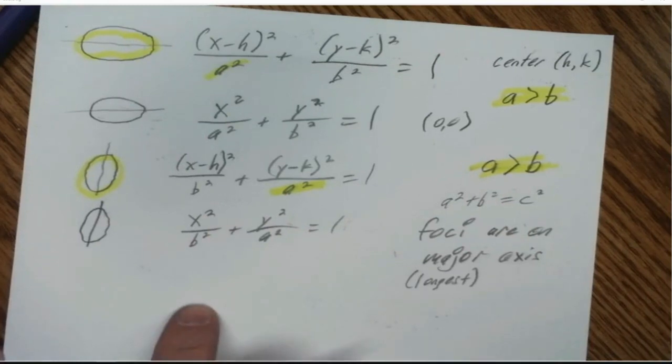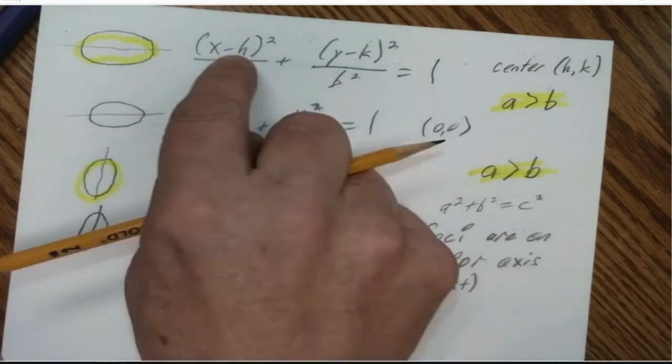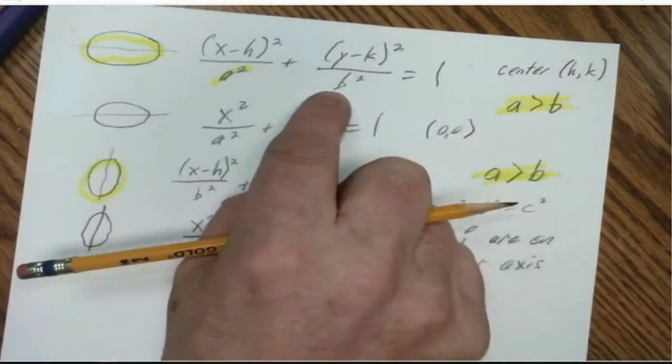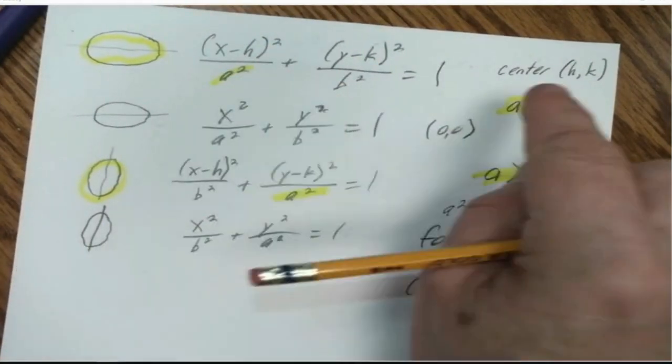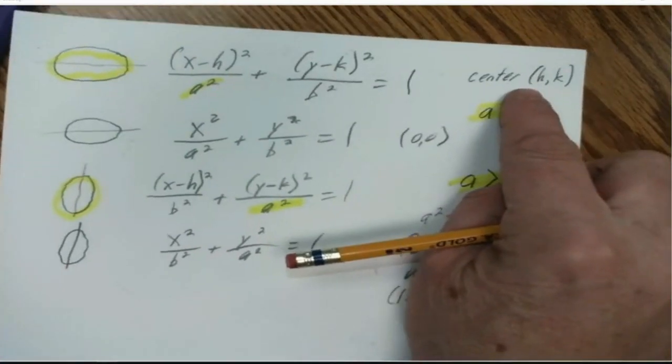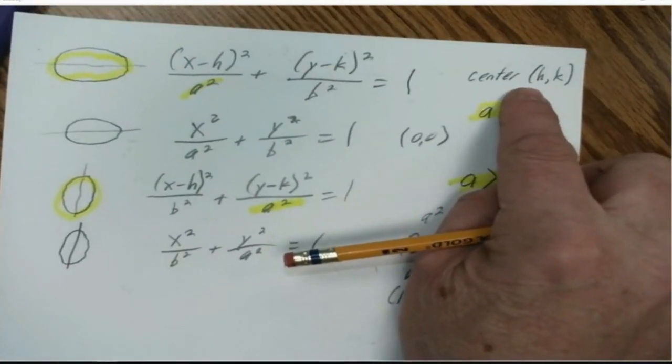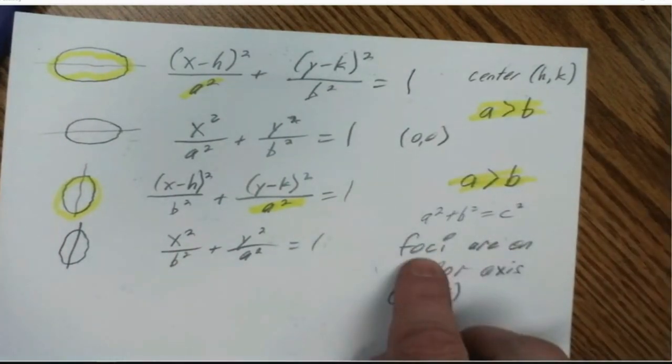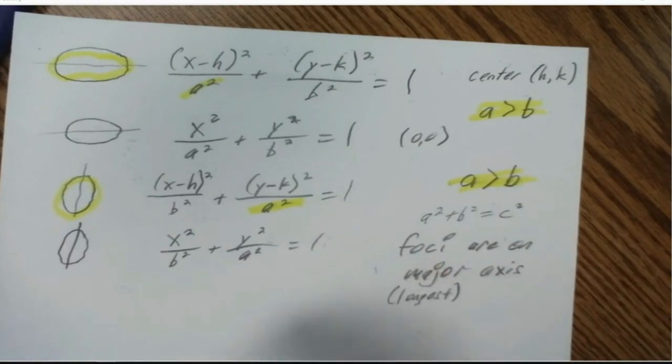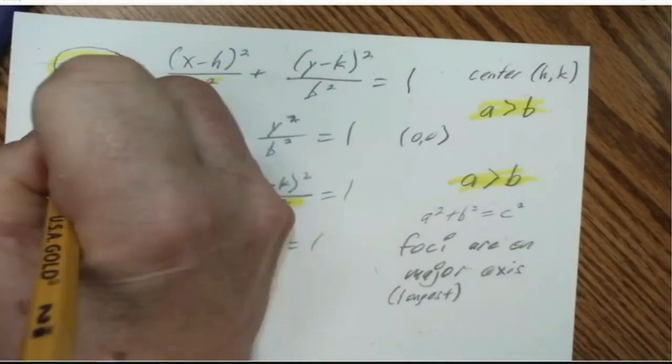To write the equation, you got to know h and k and a and b, obviously, right? H, K are the coordinates of the center. That's always important to know. So the center will always be the midpoint between the foci. And there are vertices. So this is a vertex and this is a vertex.